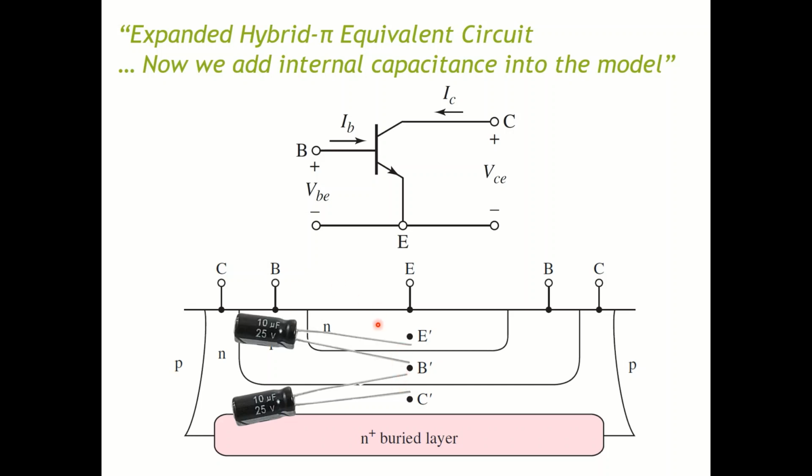And also here you can have a capacitor, okay? So in the next few slides we'll understand what role those capacitors play in the architecture of our transistor. For example, this capacitor we can call C pi, and this capacitor we will call C mu.